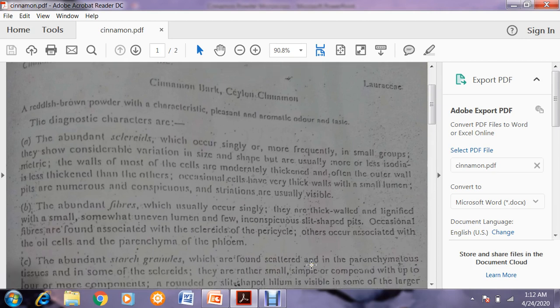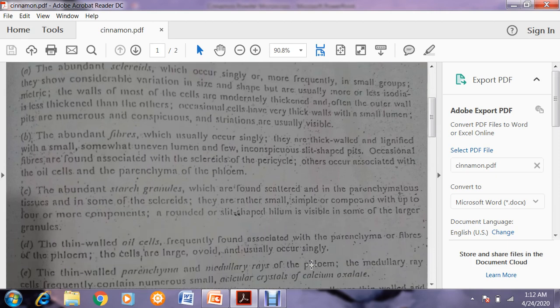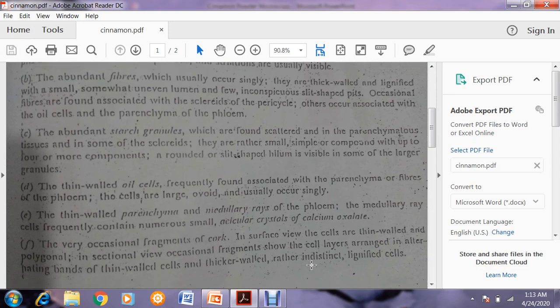Now, apart from sclereids and fibers, another thing which is very abundant is the presence of starch granules. Starch granules are present in large amounts. Again, the thin-walled oil cell is another characteristic feature of the cinnamon bark.